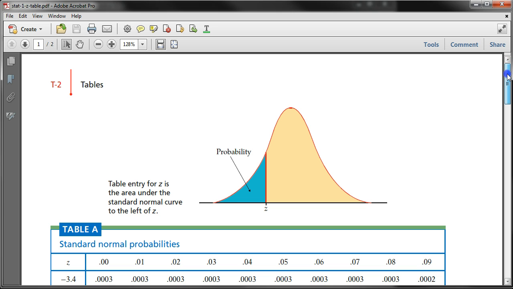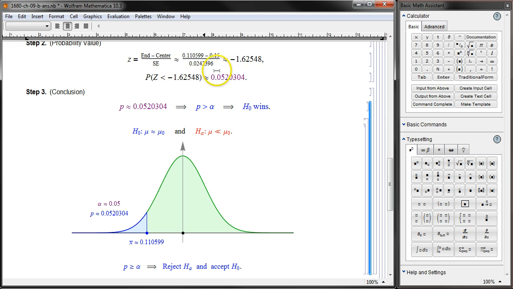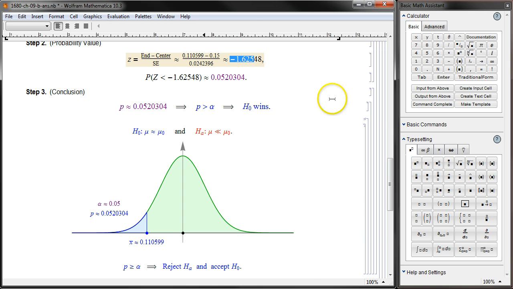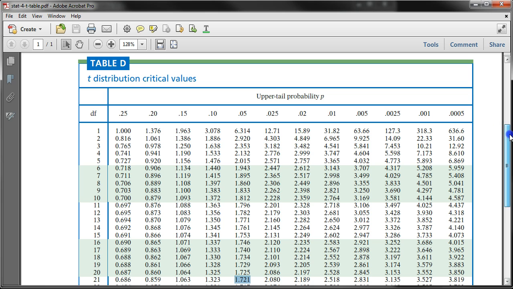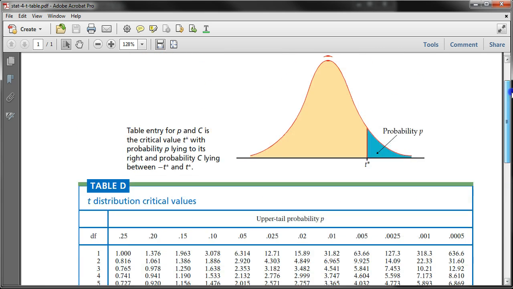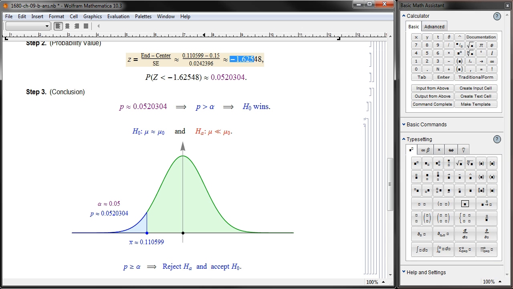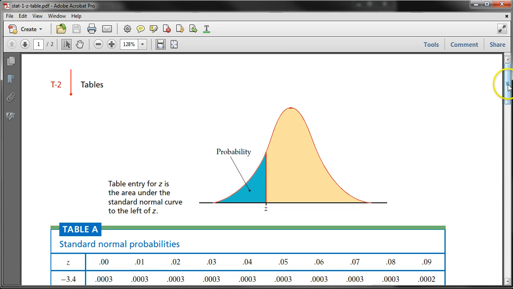And what was our z score here? Negative 1.625, so negative 1.63 is what I'll have to use. Negative 1.63, no, not this one, it's the z table, it's this one.